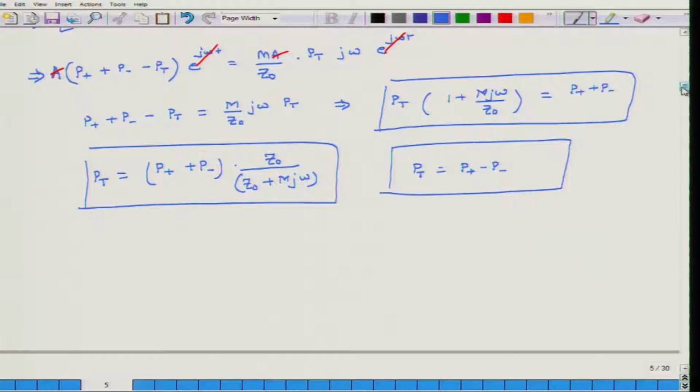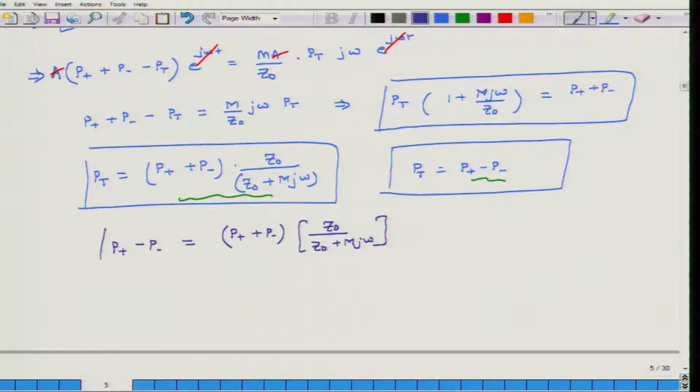Okay. So, if I equate these two, so if I equate the RHS of both of these equations, then what do I get? I get P plus minus P minus is equal to P plus plus P minus divided by Z naught plus m j omega. Okay.